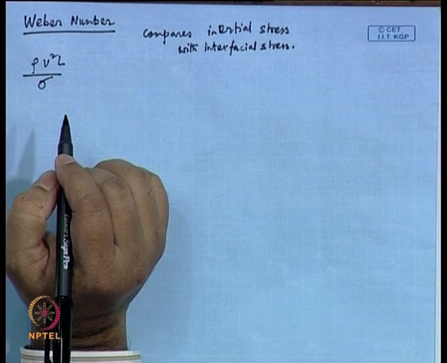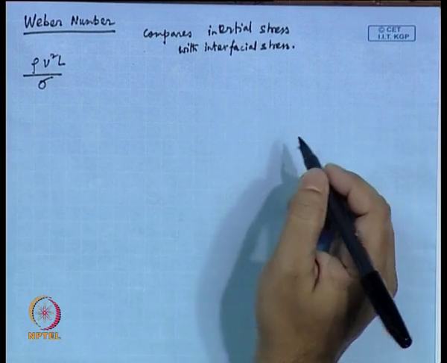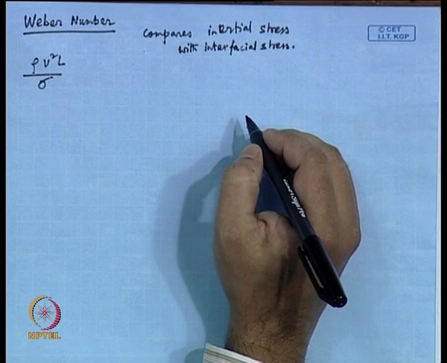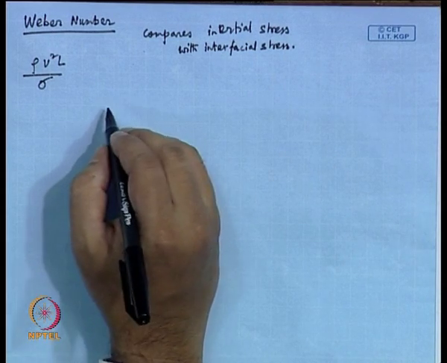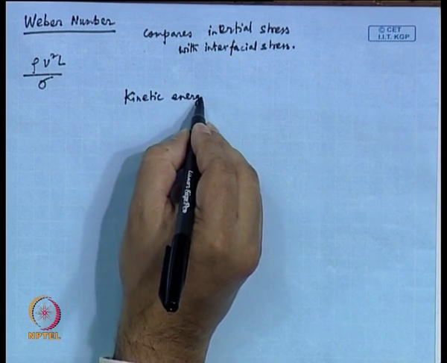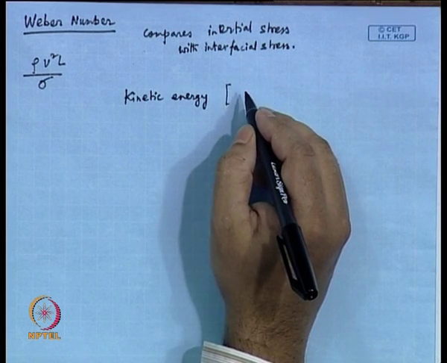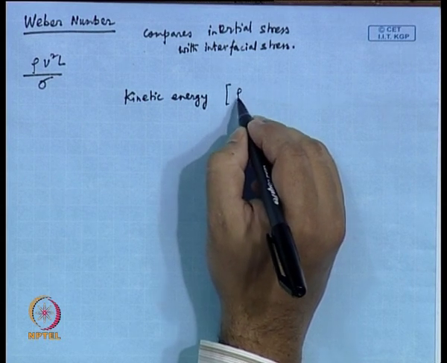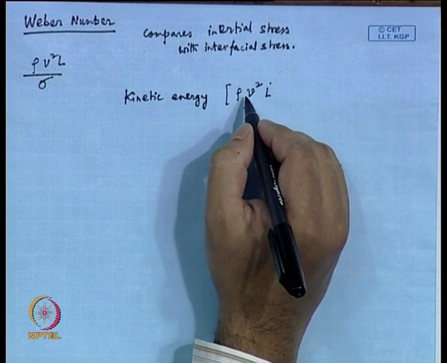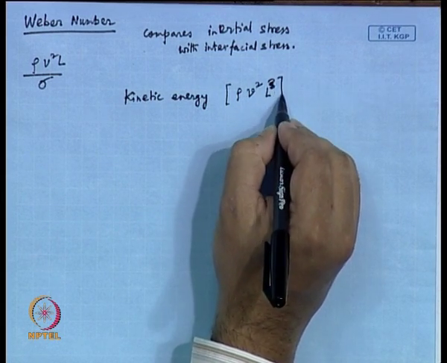One is that it is written as kinetic energy, which is given by rho v square, that is per unit volume, multiplied by L cube.